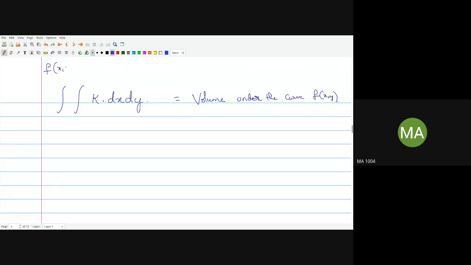So my f(x,y) is constant within some region D, and it is 0 otherwise. So I am taking the double integral of f(x,y), which is k dx dy. Sir, please give me one real example so that it will be clearer.